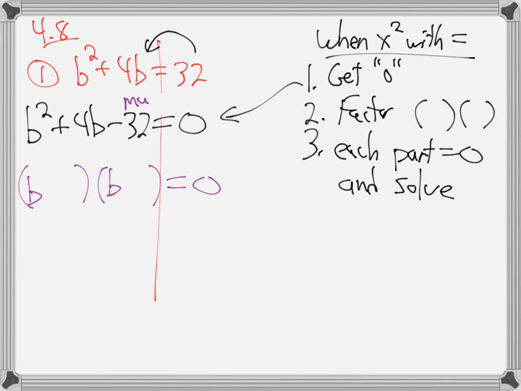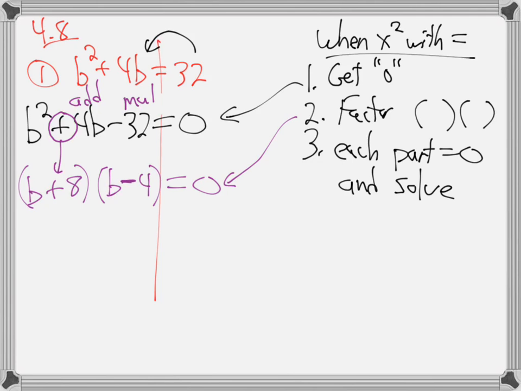What two numbers multiply to be 32, add to be 4? 8 times 4. Good. And how do you know the signs? The sign in the middle is always taken by the bigger number. The other one can be the same or opposite. It'll be negative 4, right? Because plus 8 minus 4 makes plus 4 in the middle, and they multiply to be negative 32. Good? So that's step 2.